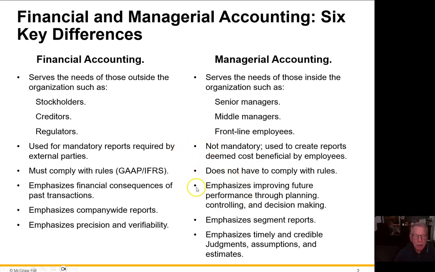And it emphasizes improving future performance through planning, controlling, and decision making. I really like managerial accounting for that reason. And it emphasizes segment reporting. We look at each segment, kind of assess their profitability, and hopefully make some suggestions that will help that. It emphasizes timely and credible judgments and assumptions and estimates.